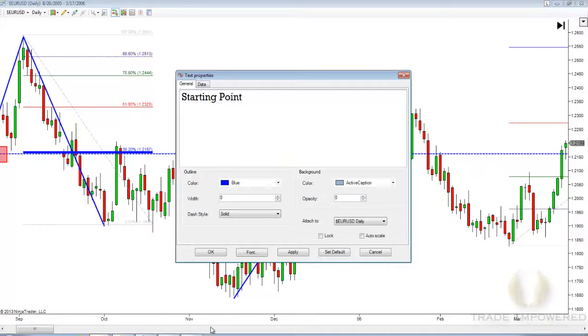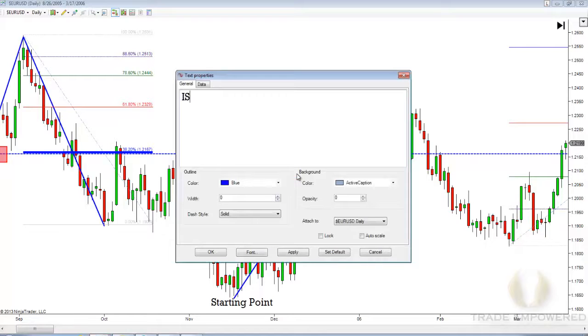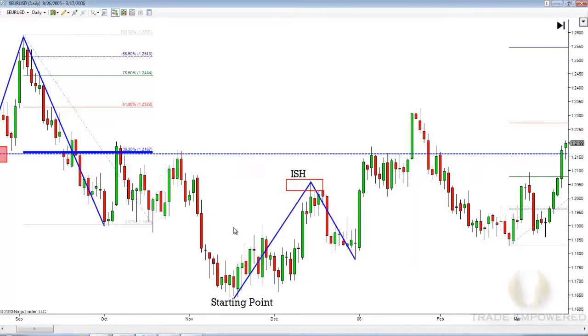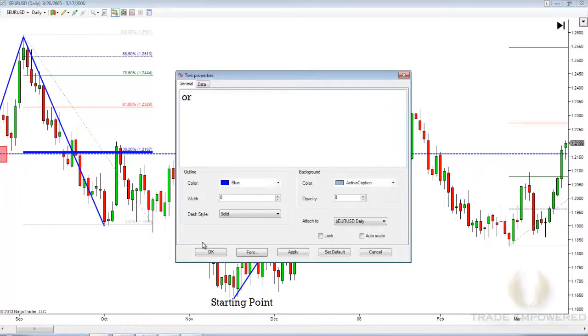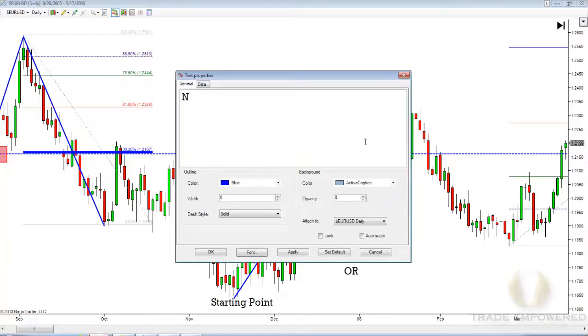Starting point to initial swing high, ISH, initial structure high, I'm sorry. We get our outside return. And after we break and close above this level, this gives us what? New structure high.